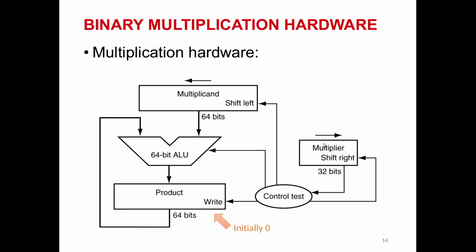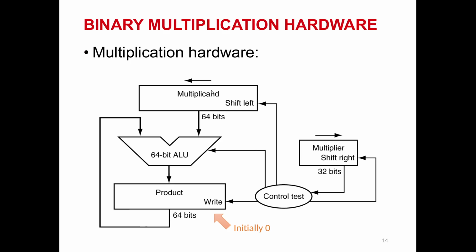And we also know that for the multiplier, in order to make sure that the bit that we are working with in the multiplier is always located at bit 0, we will need to shift the multiplier 1 bit to the right every time.